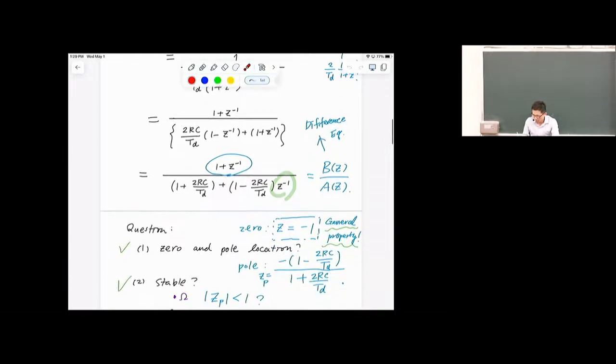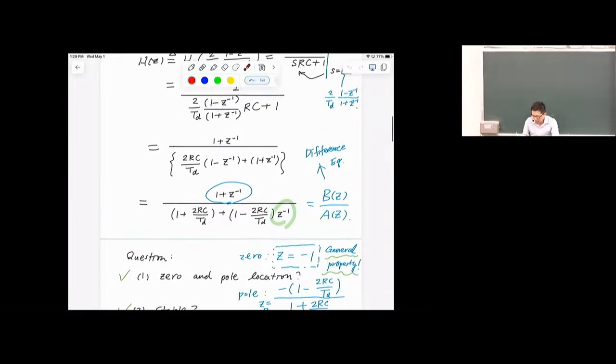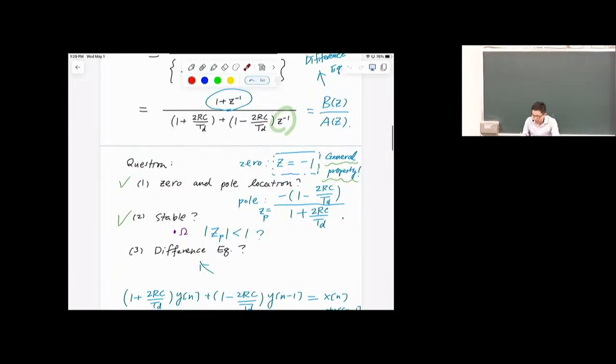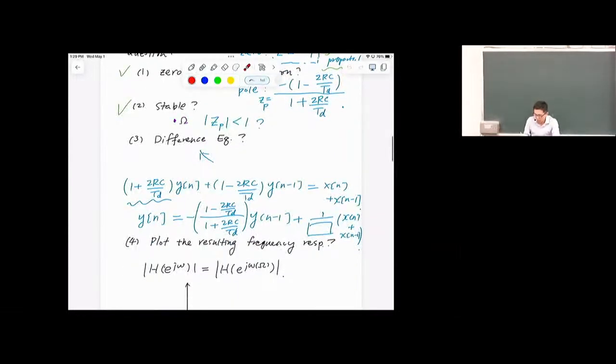So, as we see in a familiar way, H of z is expressed as the ratio of B of z divided by A of z, where B and A are both polynomials. So we can find the zero locations and the pole locations, and we can construct a difference equation with some simple algebra, just organizing your terms, and you obtain a difference equation that we can run on your computer.